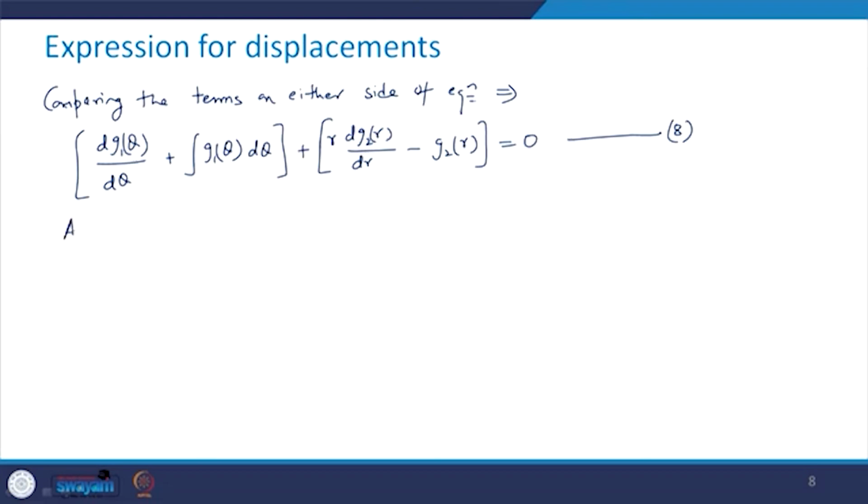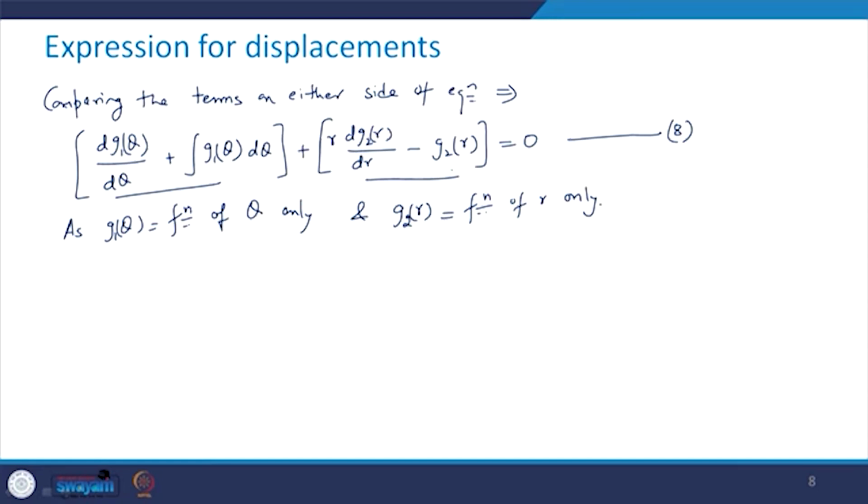Now, as this g1 theta is a function of theta only and g2r is a function of r only, separately this and this, they both will be equal to a constant.